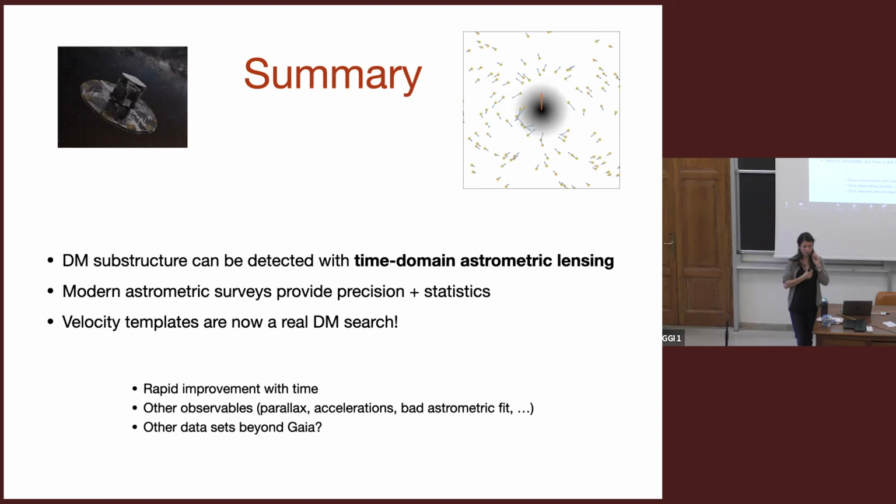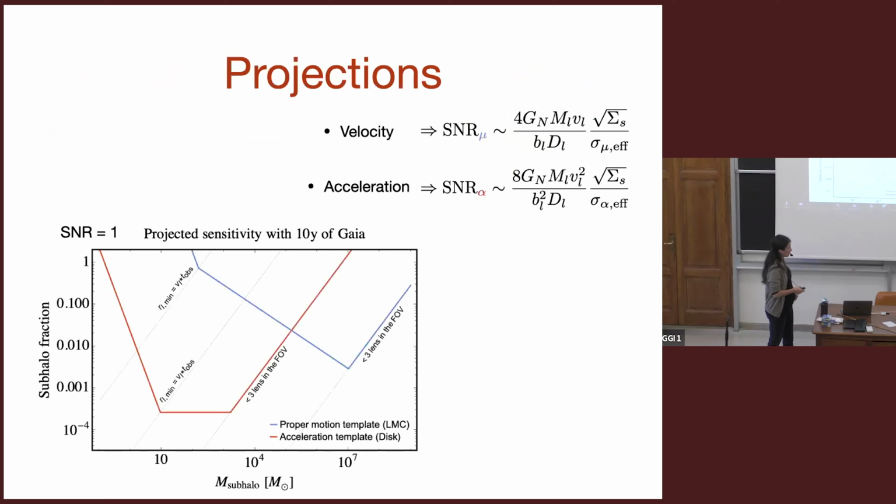Any more questions? Thanks for the nice talk. I wanted to ask something about this exclusion plot that you showed at the end with projections. Can you please remind me, what is the expected signal in this plot for lambda CDM and WIMP, for instance, from simulations? How many substructures do we expect?